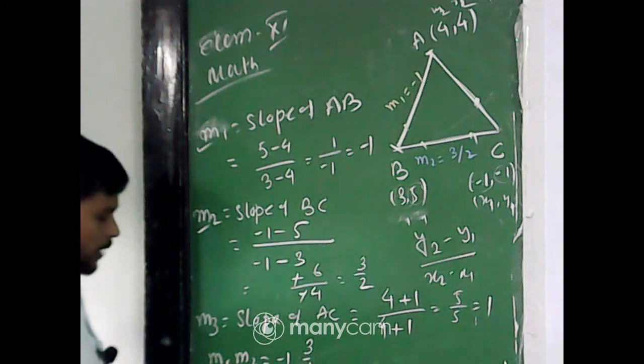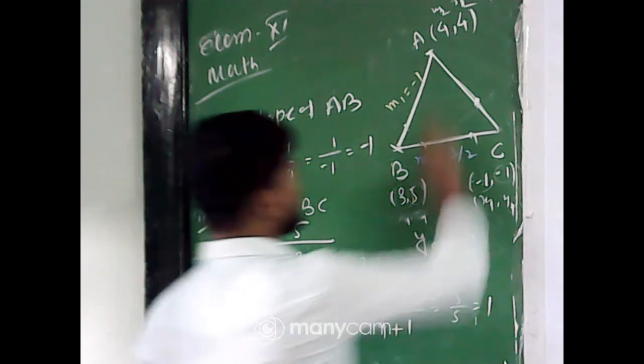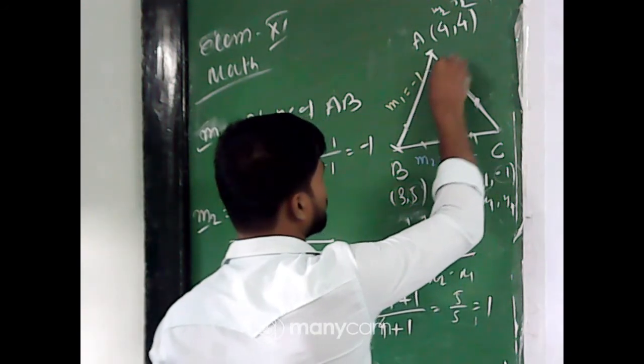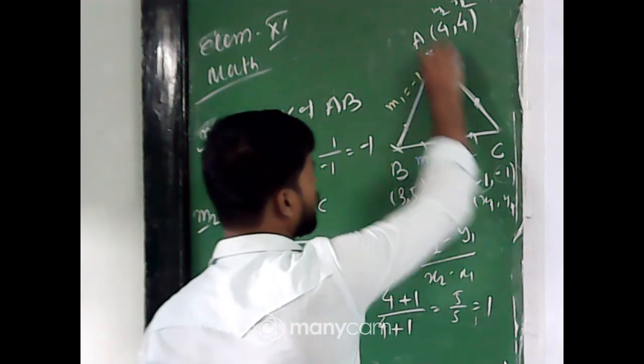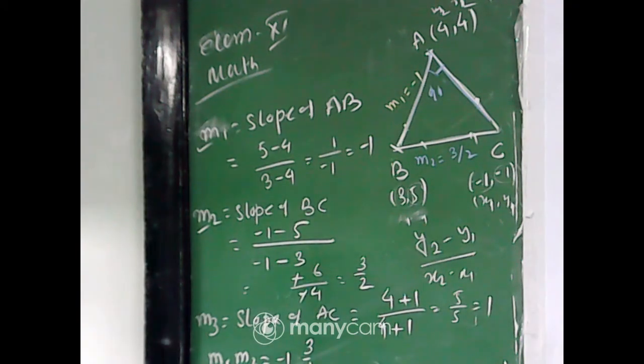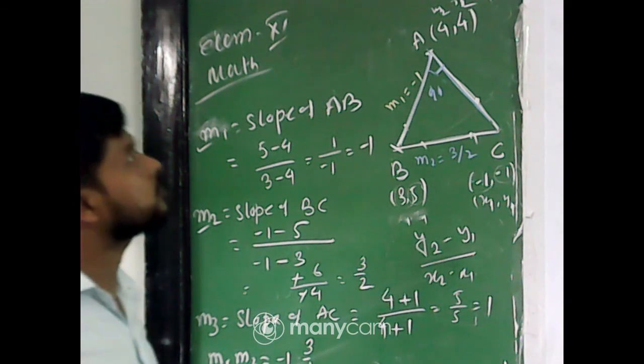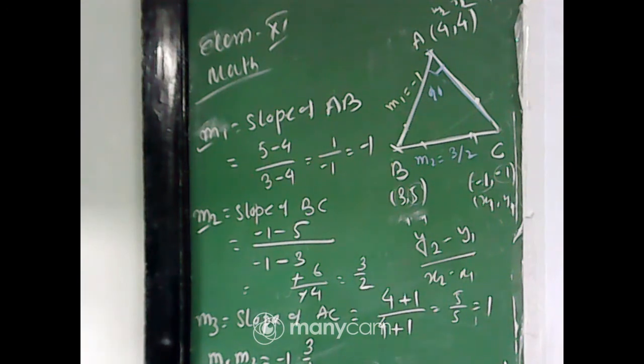That means the lines AB and AC are perpendicular to each other, that means this angle is 90 degrees. In that triangle one angle is 90 degrees, meaning the triangle is a right angle triangle, and hence proved.